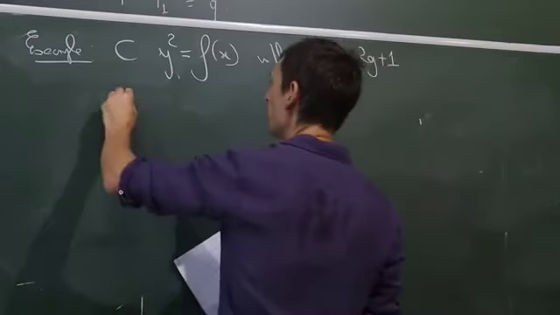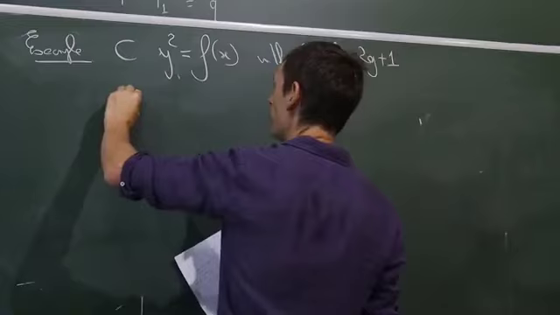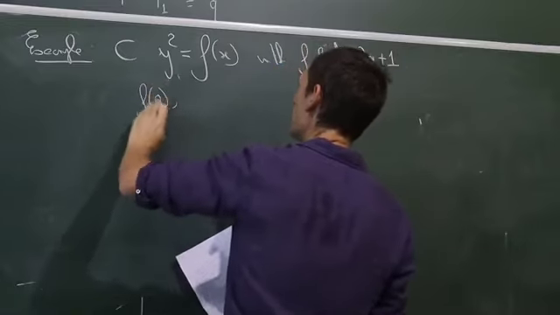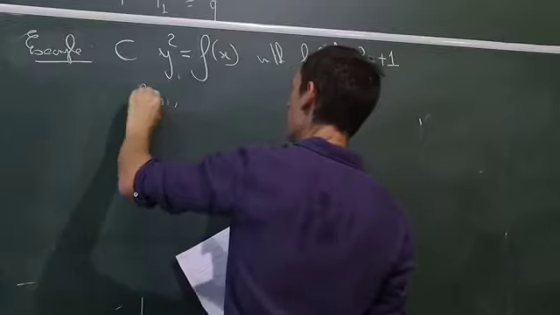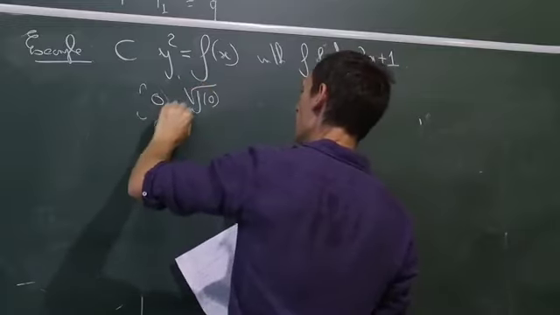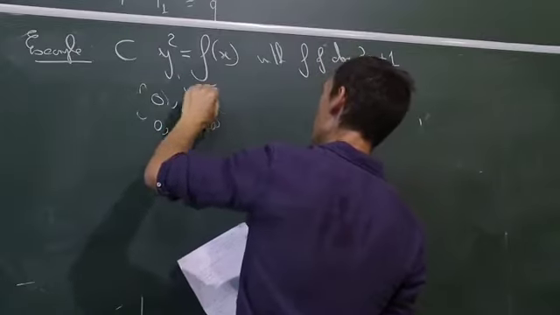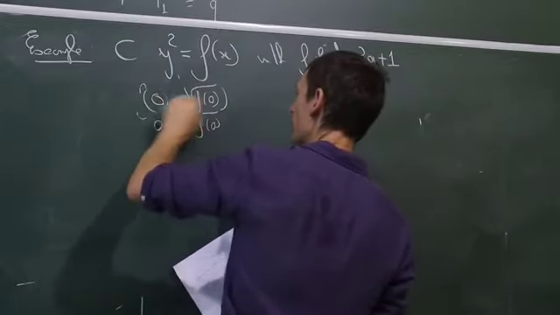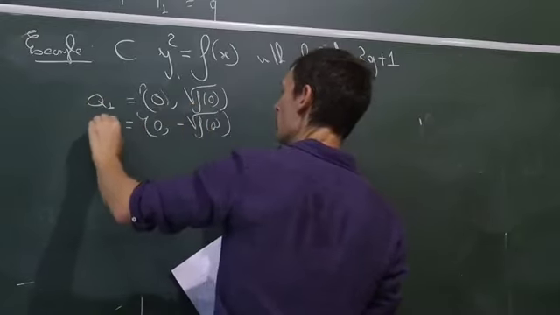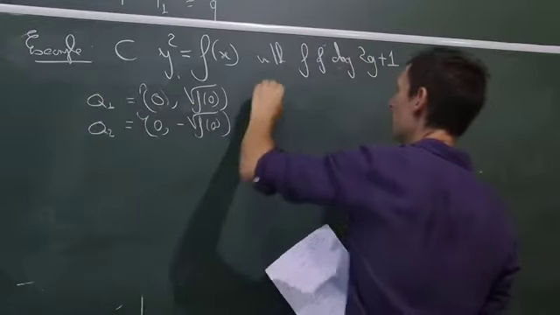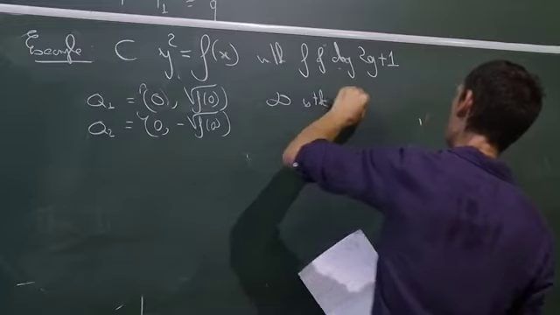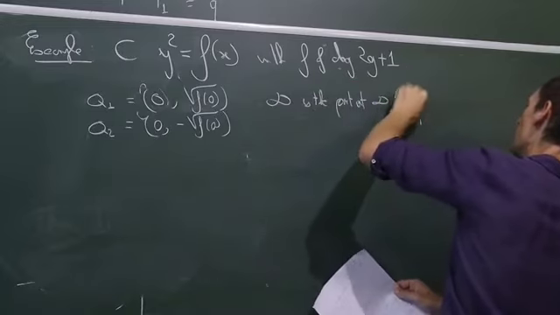So let me plug x equals 0. So f of 0, and so square root of f0 and minus square root of f0. These are going to be 2 points that I call q1 and q2, and infinity is the point at infinity on the non-singular model.